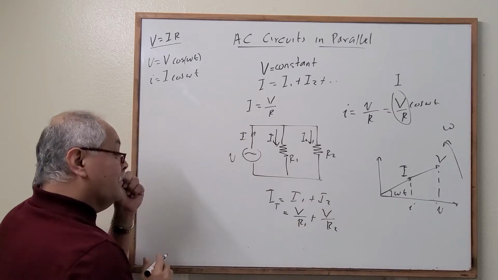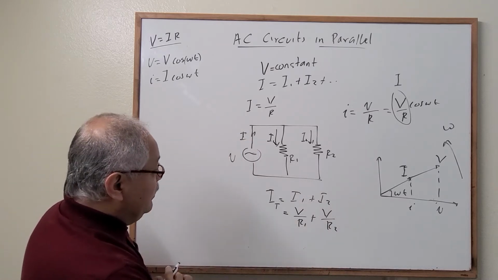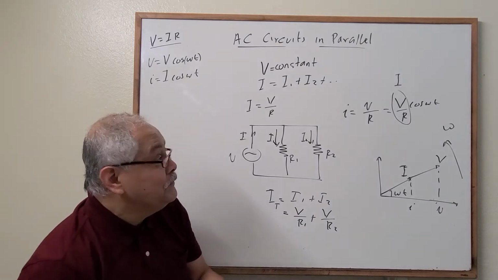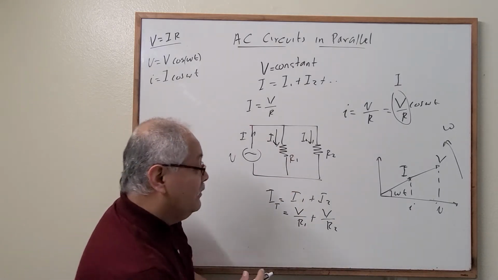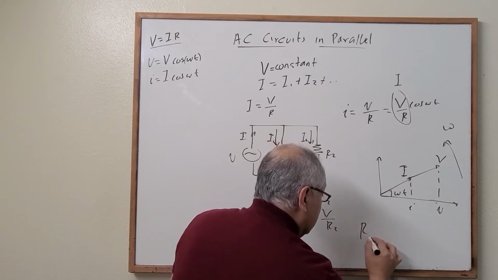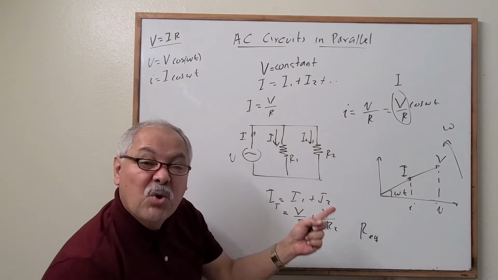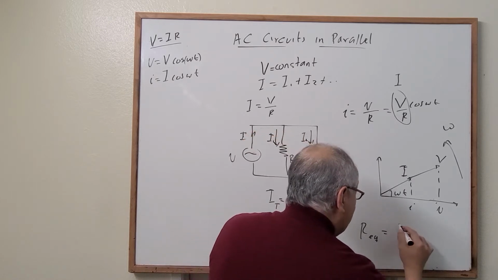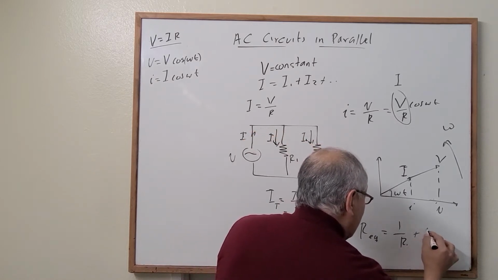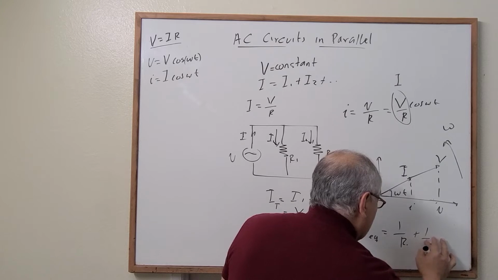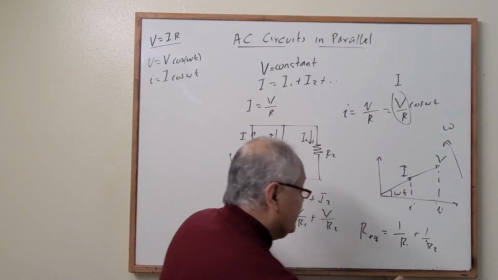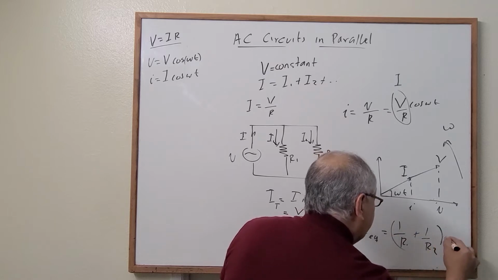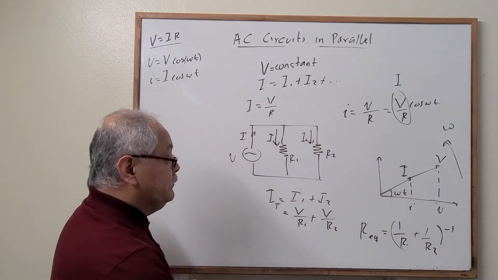Correct? Perfect. And what should be the resistance? Remember, when we're dealing with circuits in parallel, the equivalent, or total, resistance is equal to 1 over R1 plus 1 over R2, and so on. In this case, we have only two resistances, so it's going to be 1 over R1 plus 1 over R2, all inverse.